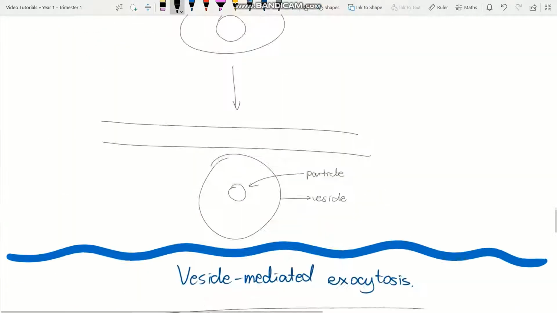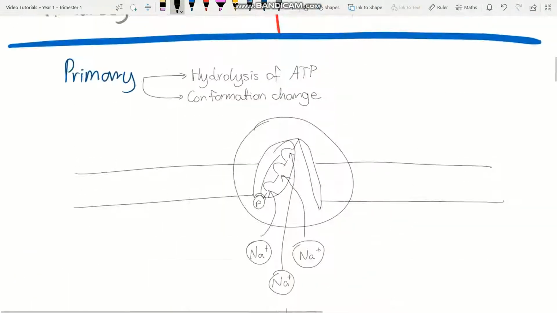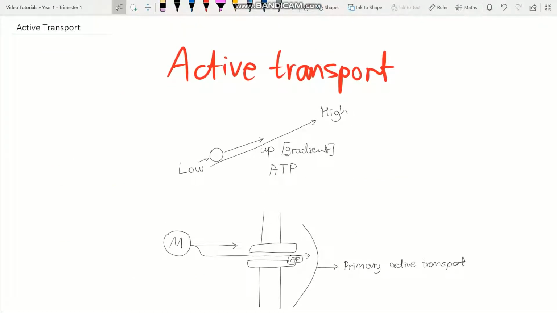So in conclusion, active transport is a highly important process within a cell because it involves, and this is quite important, the movement of a substance from a place of low concentration to high concentration.